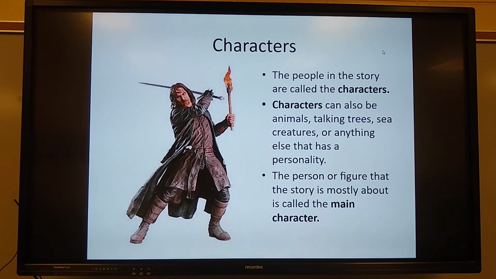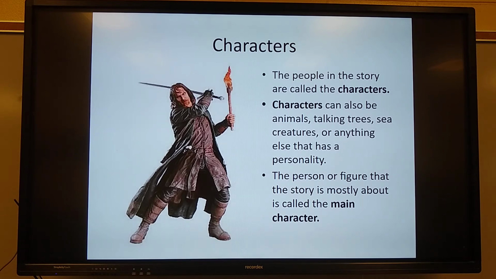The people in the story are called the characters. Characters can also be animals, talking trees, sea creatures, or anything else that has a personality. The person or figure that the story is mostly about is called the main character.